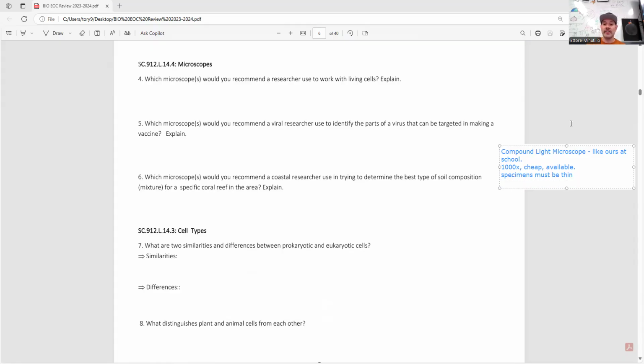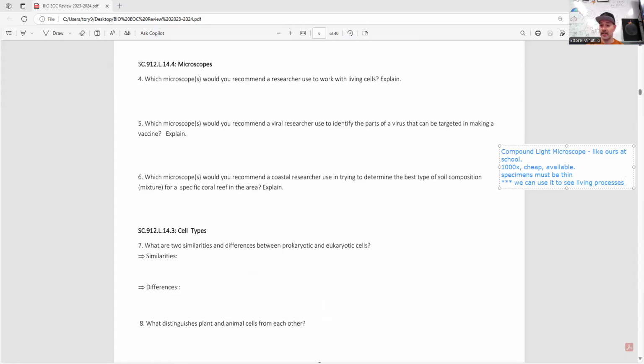To answer this question, for question number 4, the answer is going to be light microscope. And this right here is the reason why. Since we're shining light with a light microscope, this means we can use it to watch living processes. I can watch a cell do mitosis under a light microscope.